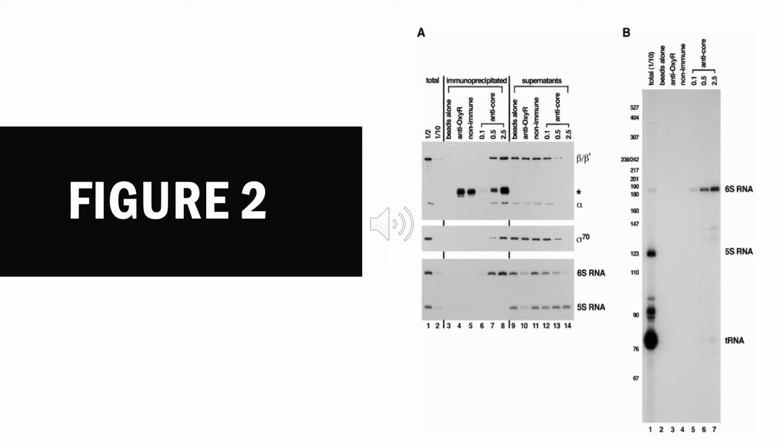In part A, let's see where I want to draw your attention. So there are 3 shaded boxes in part A. We're going to start in the first one. We can see that RNA co-precipitates with RNA polymerase antibodies, but not with the others.